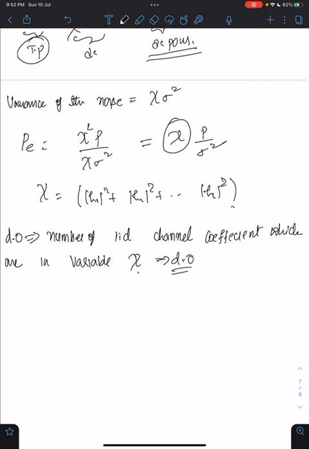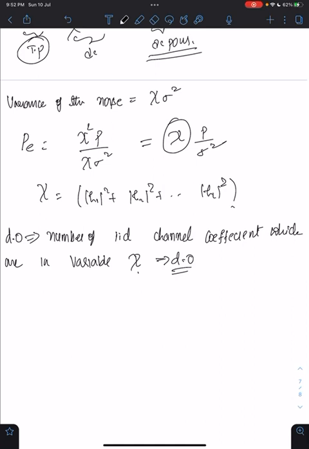So chi is a function of some set of random variables, and we have to count the number of IID random variables in that function chi.